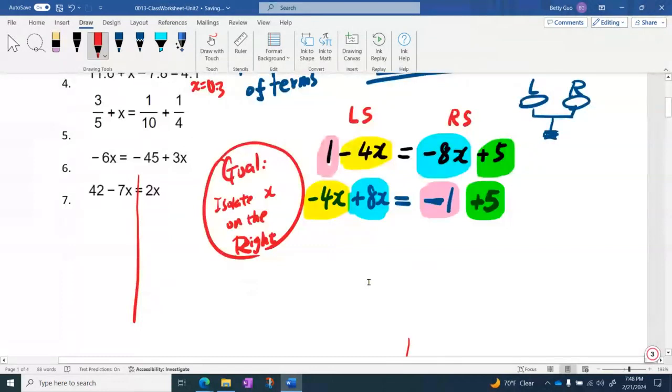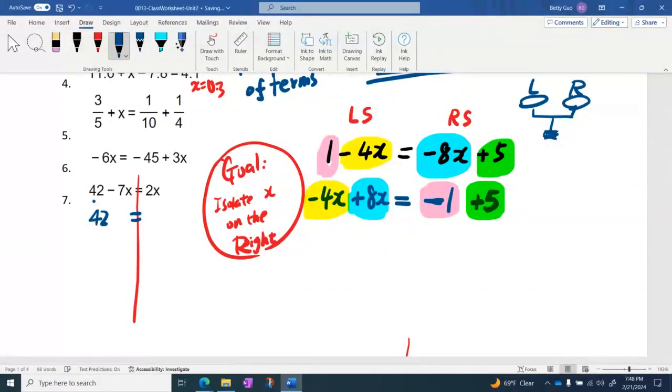Because you don't want to handle negative sign, you want to handle positive sign. So for this question, I'm going to keep the constant terms on the left side, variable terms on the right side. What happened is this term, negative 7x.